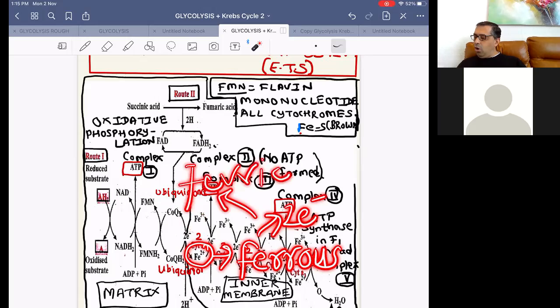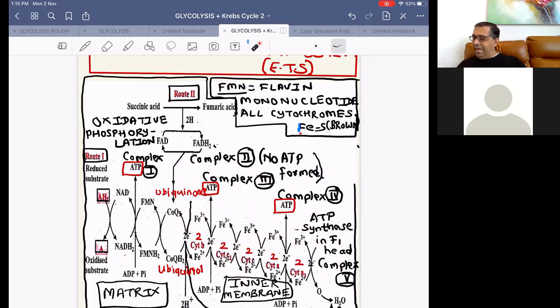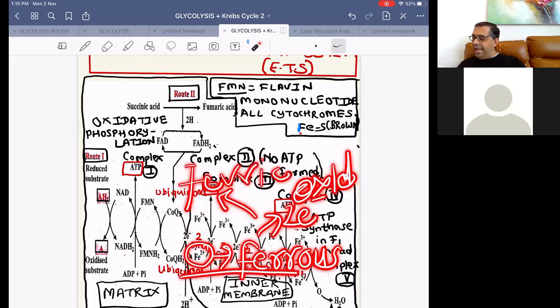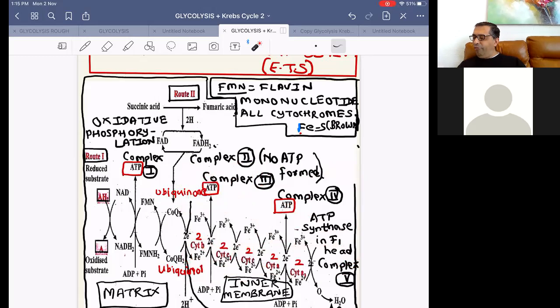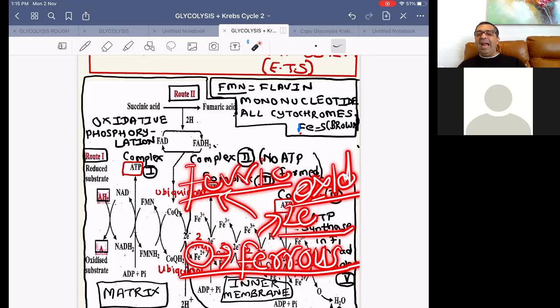By giving away electron, it has undergone oxidation. And Fe double plus, ferrous, by giving away electron gets oxidized back to ferric state.